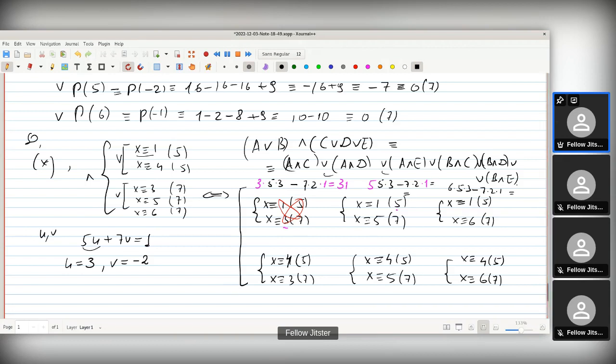So here we have 75 minus 14, 61, and modulo 35, minus 9, or equivalently 26. Yes, it is 26 modulo 35. Is 26 congruent to 1 modulo 5? Yes. Is it congruent to 5 modulo 7? Yes.